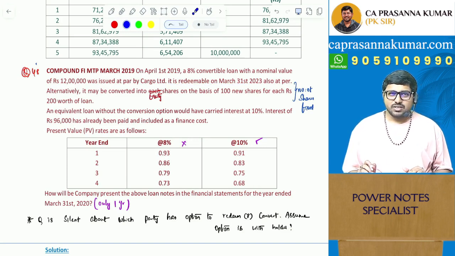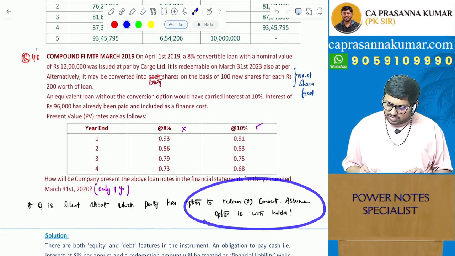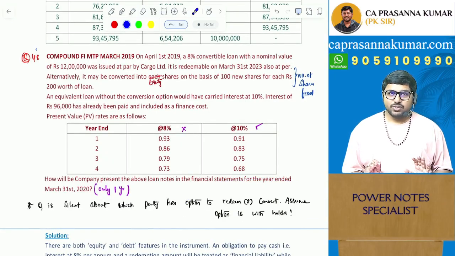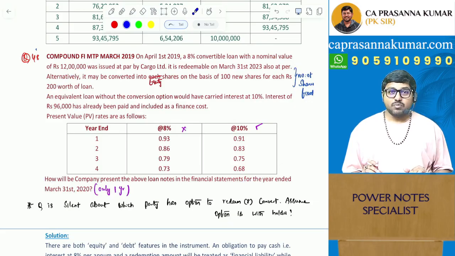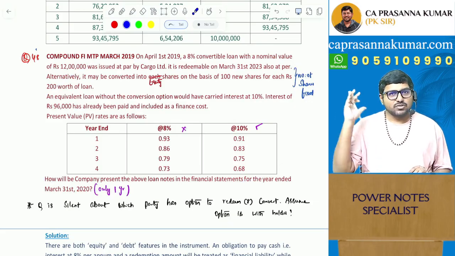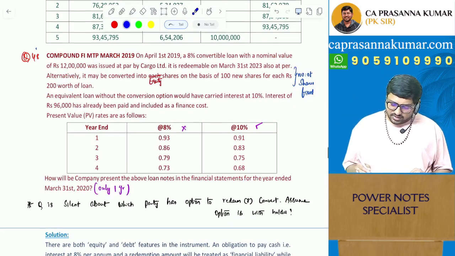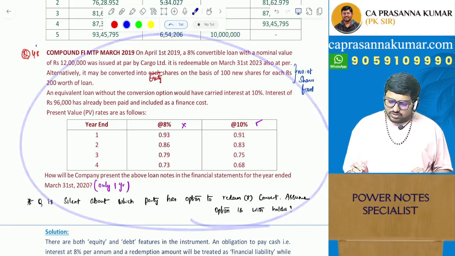Now the question is, at the option of whom? Because the entire accounting changes because of that. Generally, we have to presume that the option is with the holder. Based on that only, we will do accounting. We will not presume that the option is with the company only. So when the question is silent, we'll usually presume that the option of conversion is in the hands of the holder. So make this clear. Having said that, now shall we start solving?